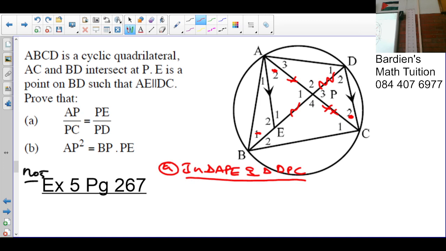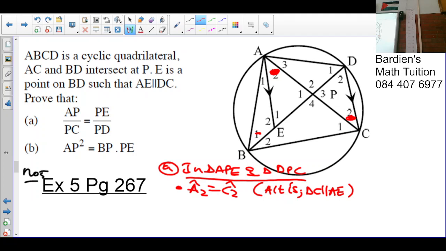So what can we say in the first instance? A2 is equal to angle C2. Yes, why? Because of alternate angles, with DC being parallel to AE. I've stated it now. What else can we say?